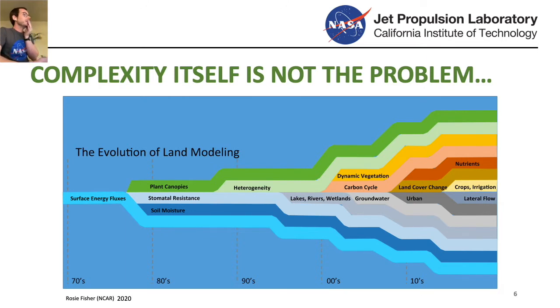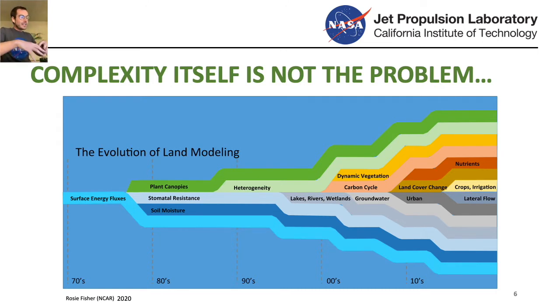So I took this picture here from Rosie Fisher's paper. And basically what we see is the evolution of land modeling. Surface energy fluxes was what these land surface models were doing in the 70s when they started.